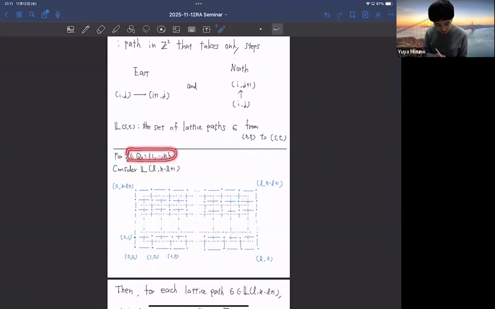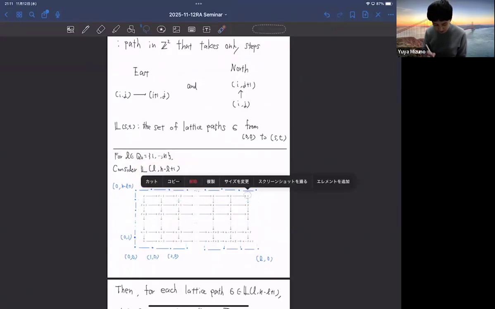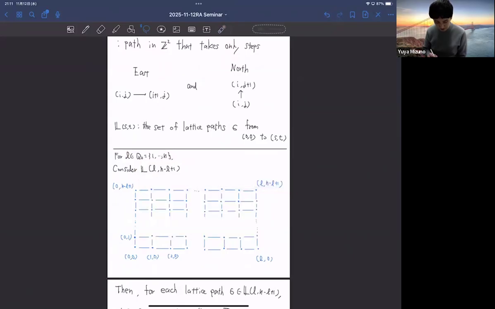For each L, we consider this lattice path. First, it looks complicated, so I just remove this inside. This is just a lattice path, with L and n minus L plus 1. So it's not difficult, but why do we consider this lattice path? This is because this lattice path encircles the indecomposable projective inside like this.